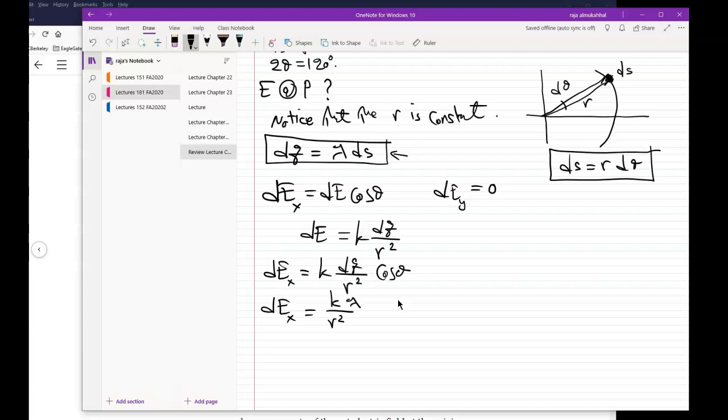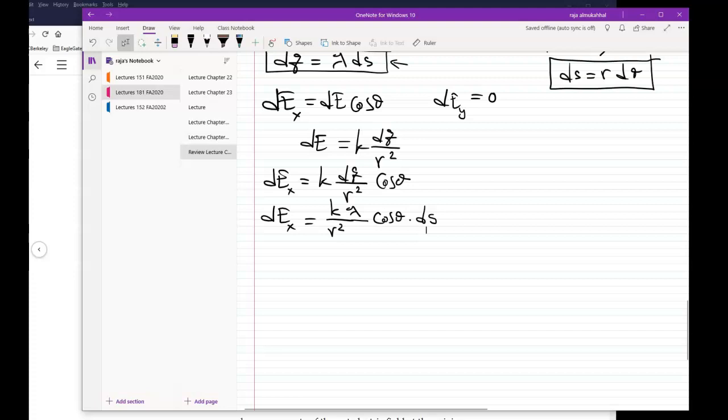lambda cosine theta ds. But ds is equal to, right there, r d theta. You see that? That's an arc length. So now this becomes dEx equals k lambda over r squared cosine theta times r d theta.